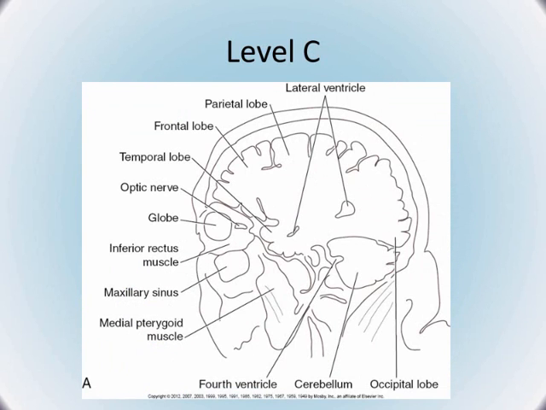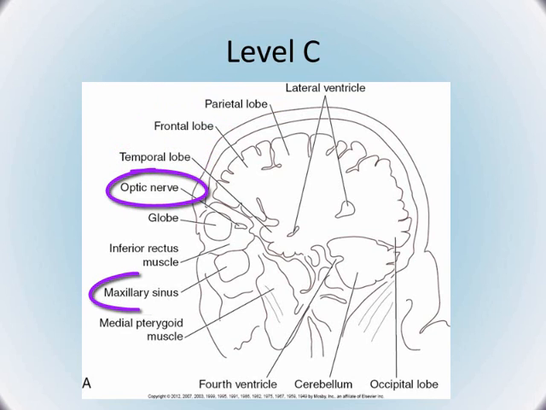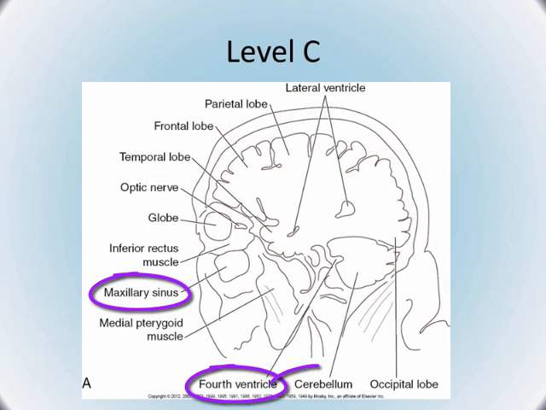Level C. In level C, we see the parietal lobe, frontal lobe, temporal lobe, the optic nerve, maxillary sinus, fourth ventricle, cerebellum, and the occipital lobe.